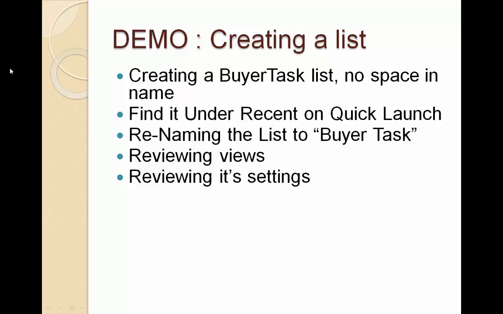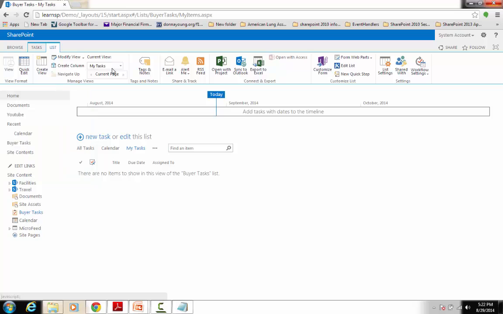Let's go ahead and view the list settings and see what the different list settings are that a list has. This is going to be a very brief overview of the list settings. We're going to have a detailed session on the list settings down the line. Go to the list tab and click on list settings.